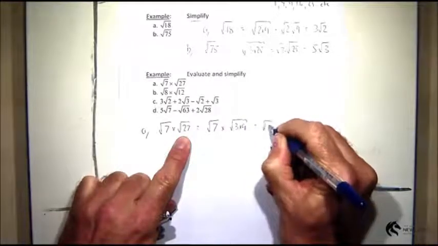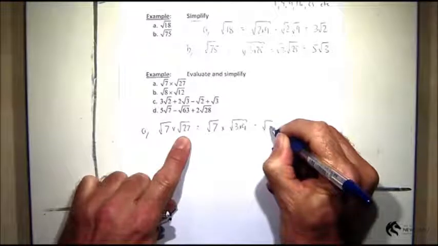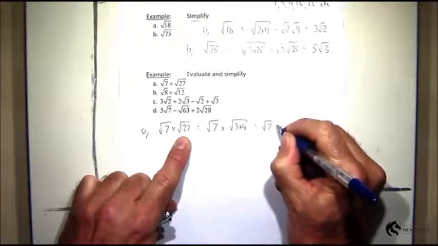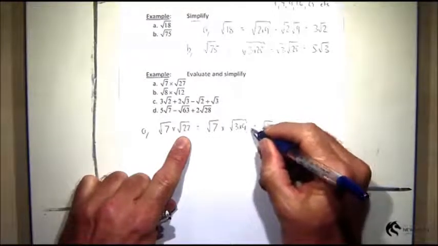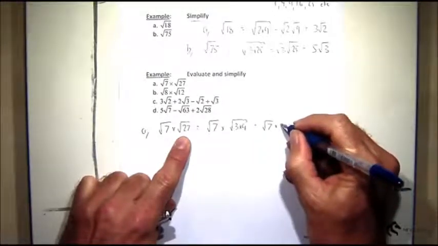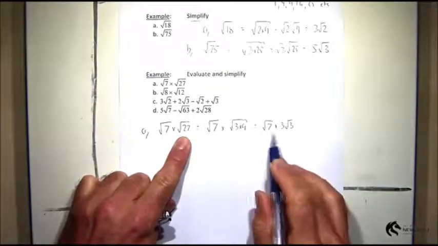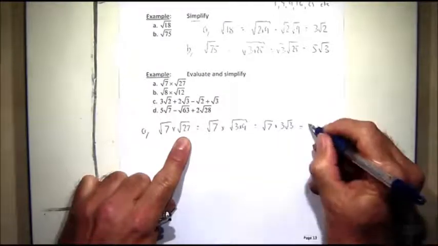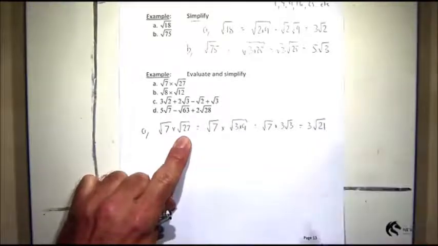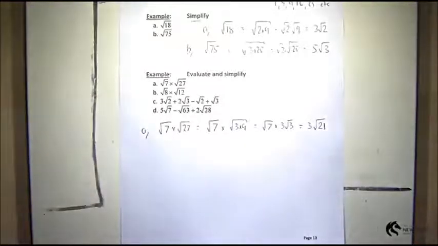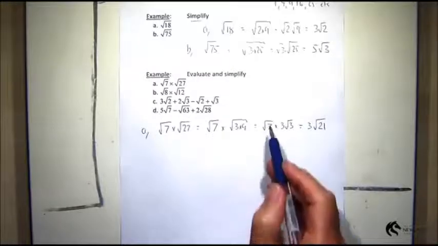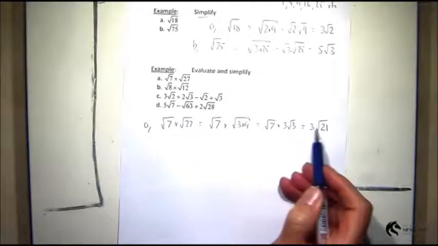So that's the square root of 7 times, in here, 3 root 3. And now I'm going to say 7 times 3 is 21, so that's going to be 3 times the square root of 21. Square root of 7 times the square root of 3 is the square root of 21.